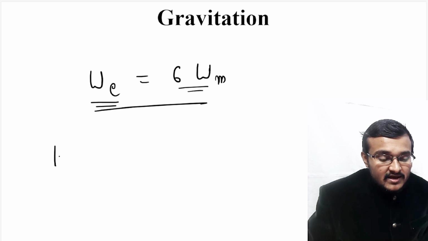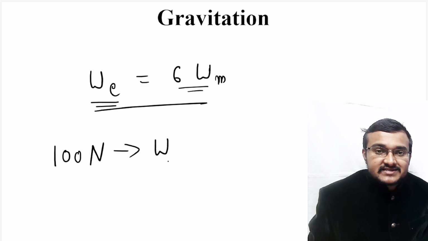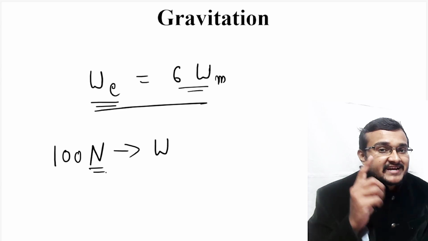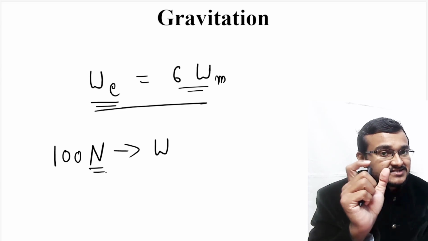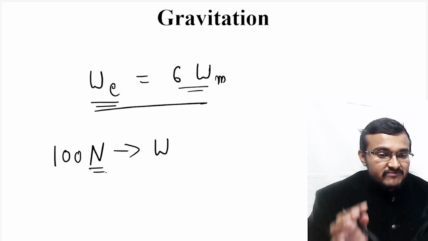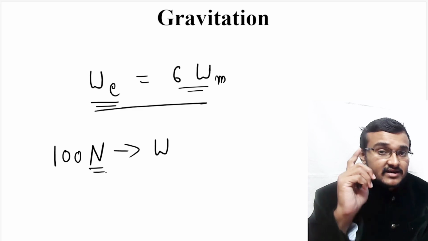So for example, if 100 Newton is the weight, why am I taking Newton? Because weight is a force, and the SI unit of force is always Newton. That's why I am taking 100 Newton.